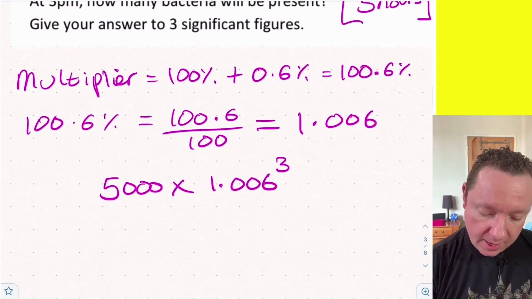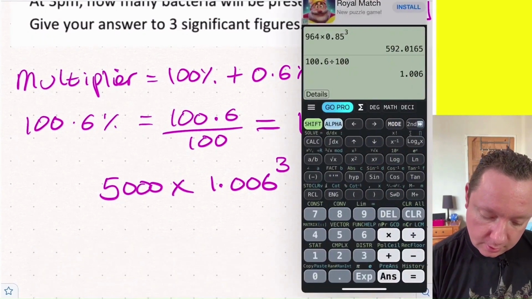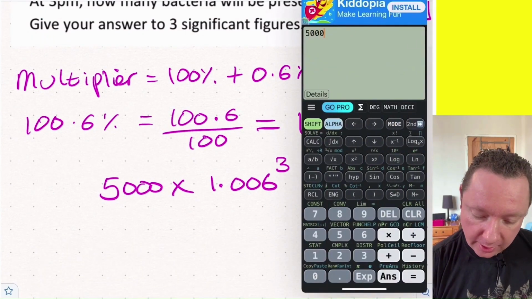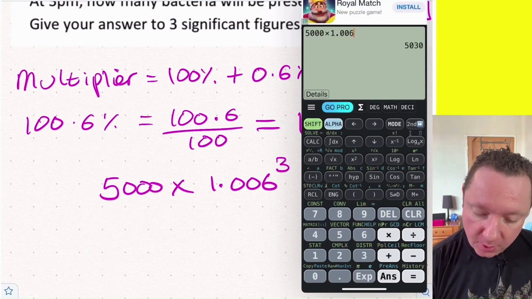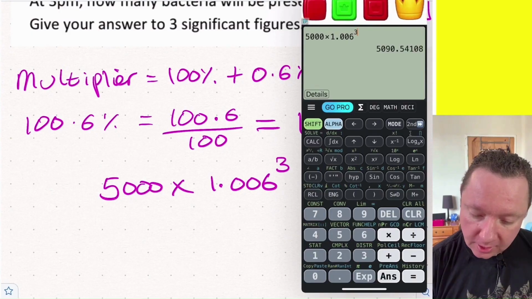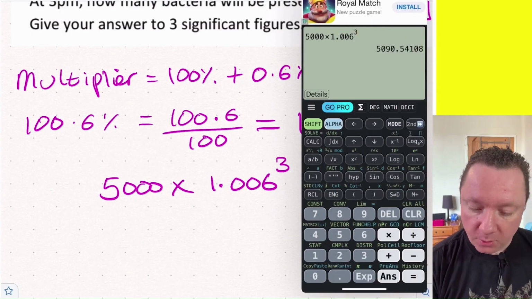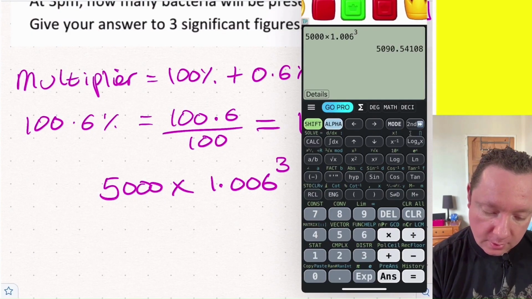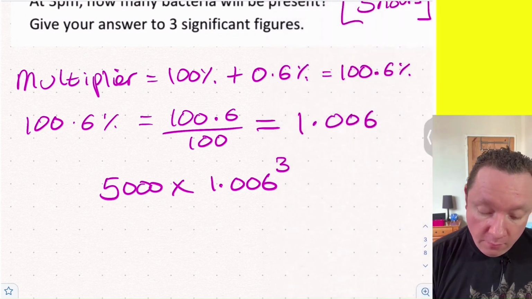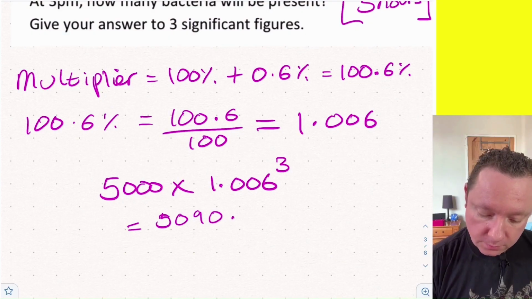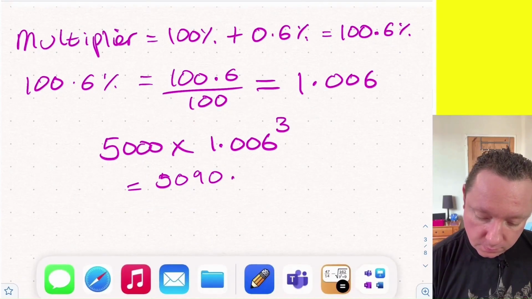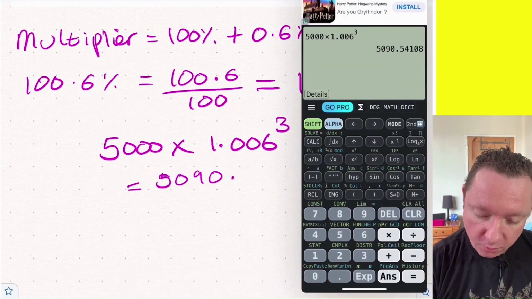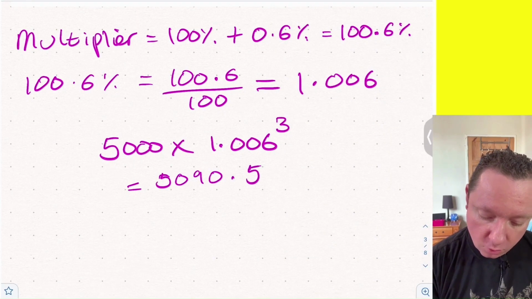Get our calculator back. 5,000 times 1.006 to the power of 3. And there we are, 5090.54108.